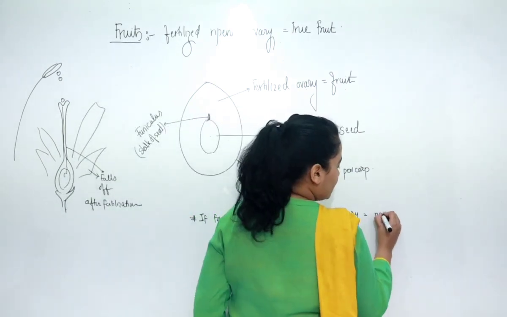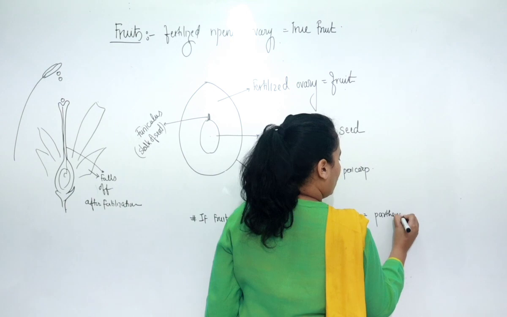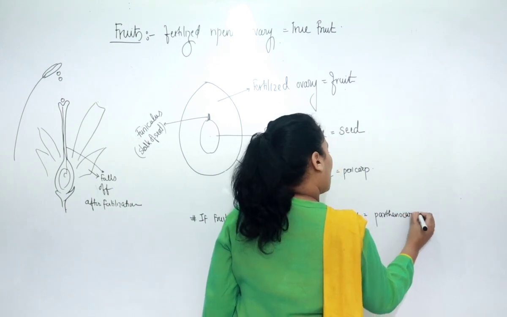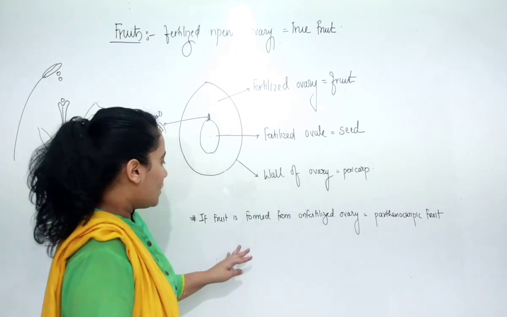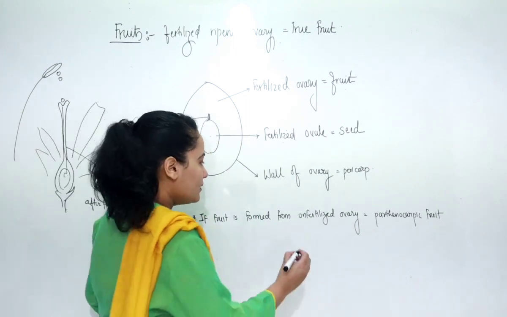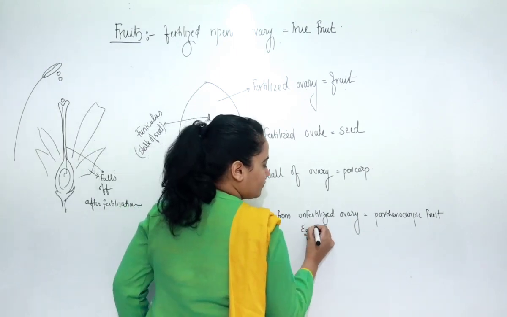Then it is called parthenocarpic fruit. Example is banana, grapes, etc.